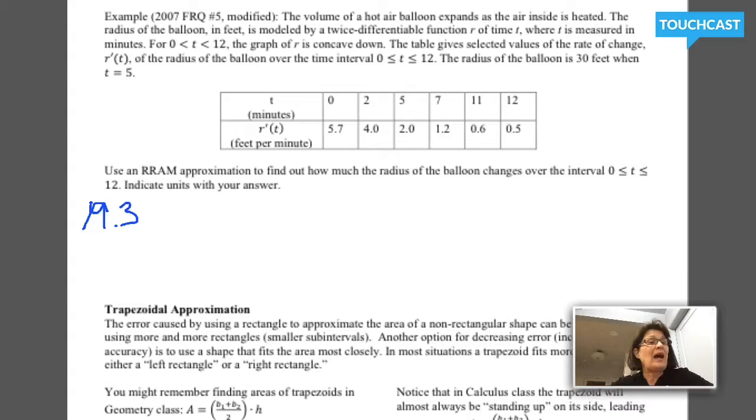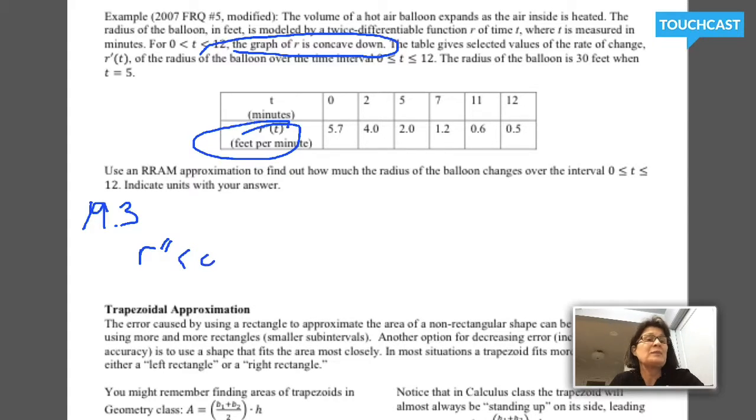Yes. So I'm going to have to make a decision. R prime, because that's the curve that I was finding the area under. Is there a way I can find out if it was increasing or decreasing? So here's the hint. R is concave down, which means that R double prime must be negative. If R double prime is negative, that tells me that R prime must be decreasing.